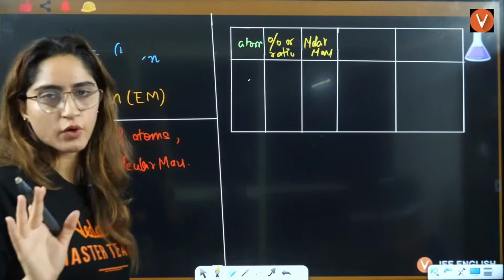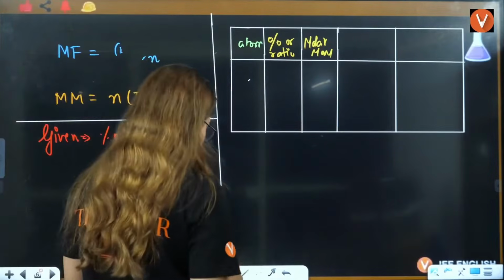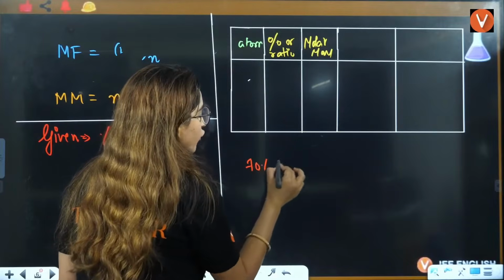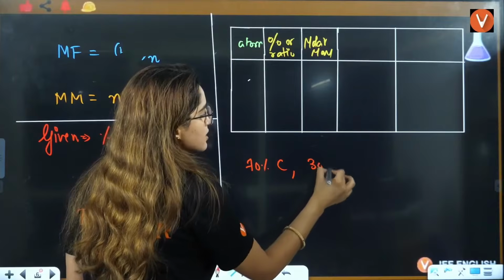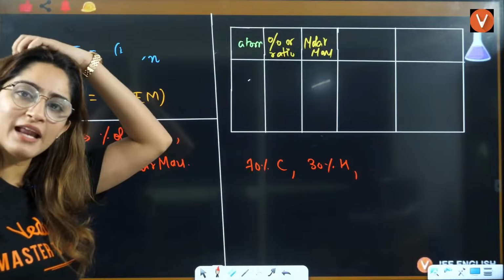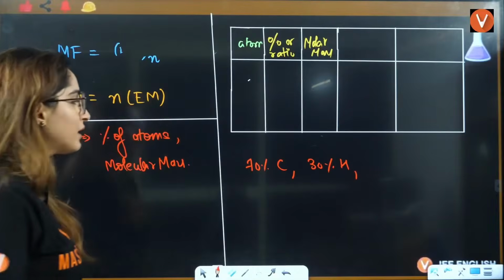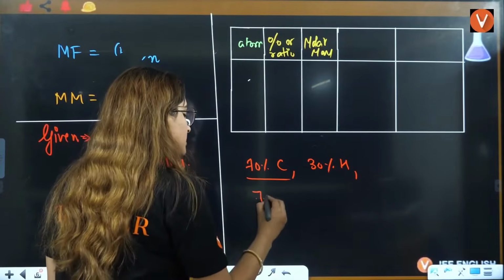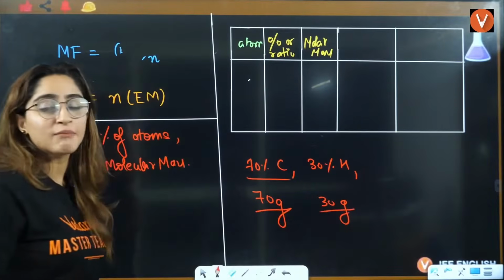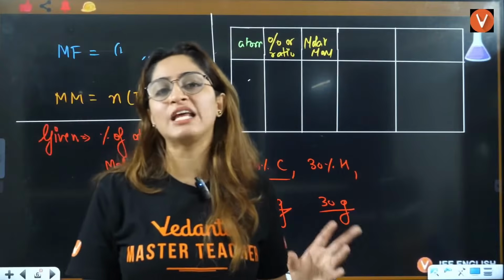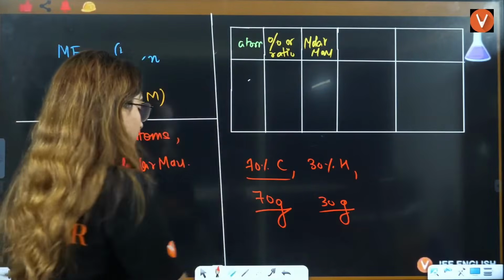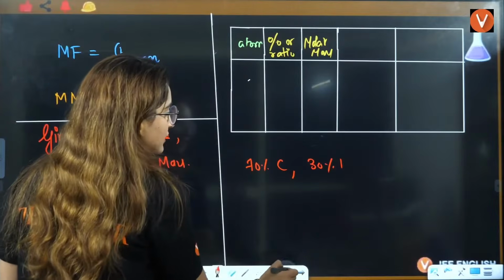Let's imagine they have given you 70% of carbon, 30% of hydrogen in an organic compound. Now 70% means 70 gram of carbon, and this means 30 gram. That means the percentage is telling you nothing but the given mass here, right? Understood?